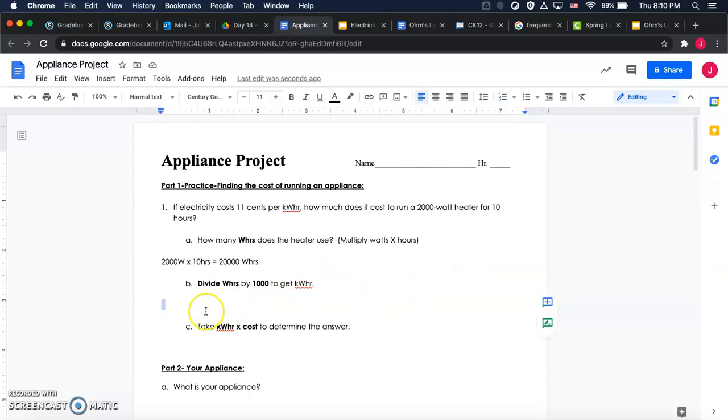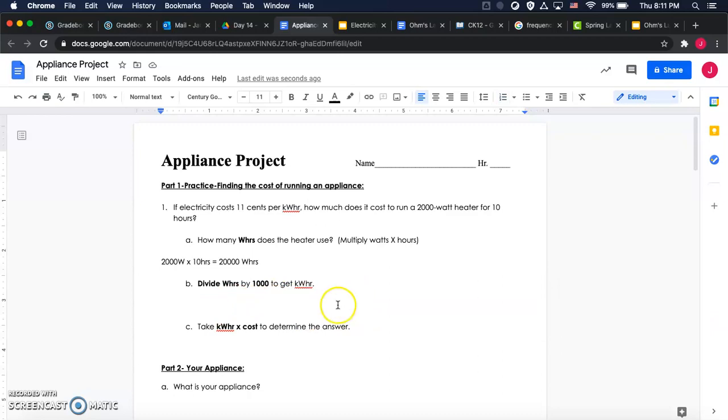However, the electric company doesn't charge in watt hours, they charge in kilowatt hours. If you remember your prefixes from the start of the year, K means 1,000. Like if someone says, oh yeah, I make 50K a year, that means they make $50,000 per year.